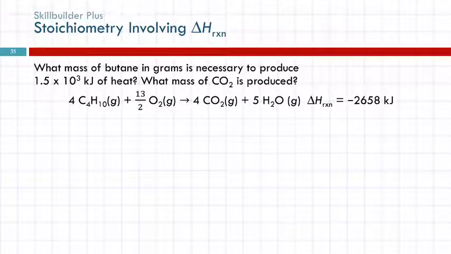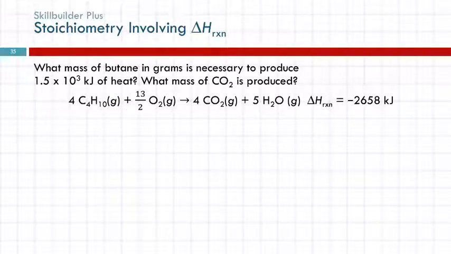Okay, so what mass of butane in grams is necessary to produce 1.5 times 10 to the third kilojoules of energy? What mass of carbon dioxide is produced? Now notice, this equation has a fractional coefficient in it. If I was asking you to balance this, I'd want you to multiply all of these by 2 and get rid of the fraction.